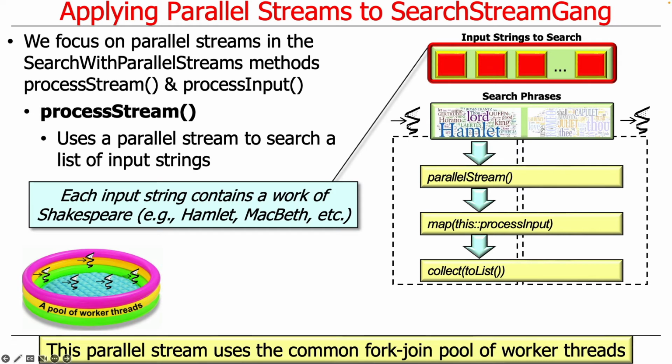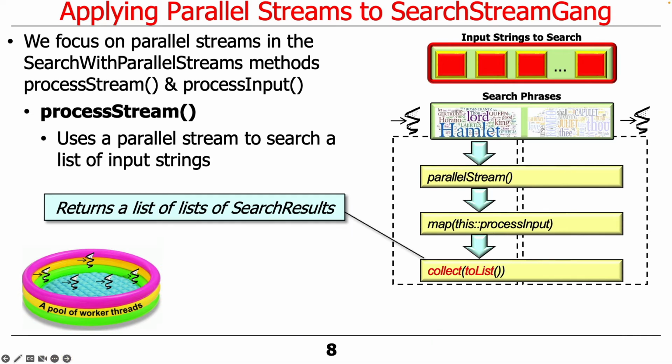And this parallel stream uses the common fork-join pool of worker threads to process each of those input strings, each work of Shakespeare, in parallel. So the processing of Hamlet will be done in a different context, different thread, or different processor core ultimately, than say Macbeth or Merchant of Venice or whatever.